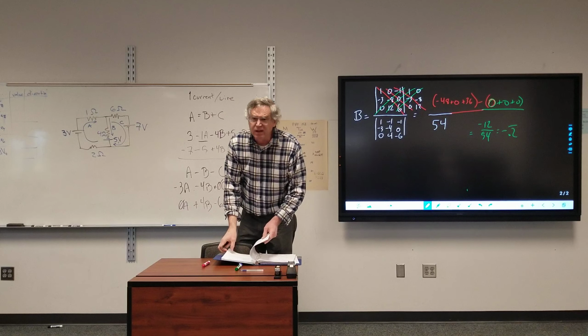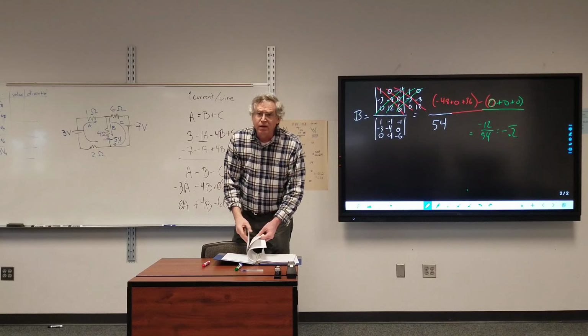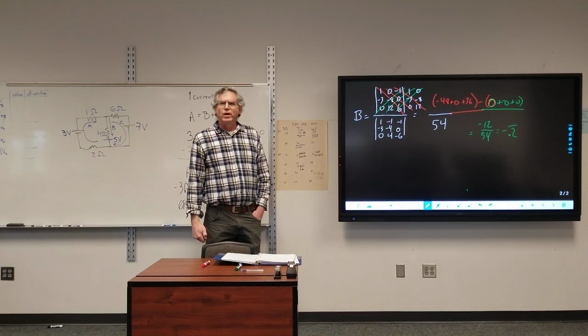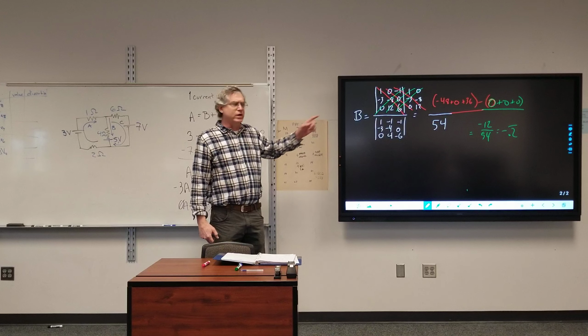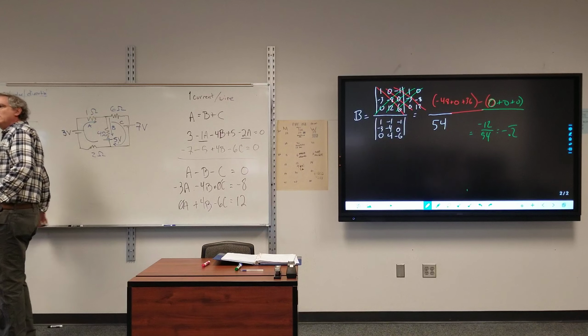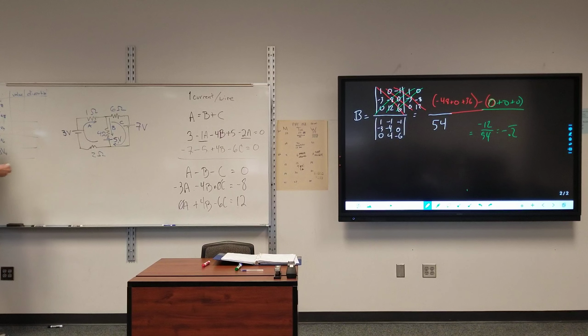I have a question. What did we get for the value of A? Where did we get it? We didn't. What is it? The 54. What was it? 54? That wasn't all of it. 32 or 32 over 54?